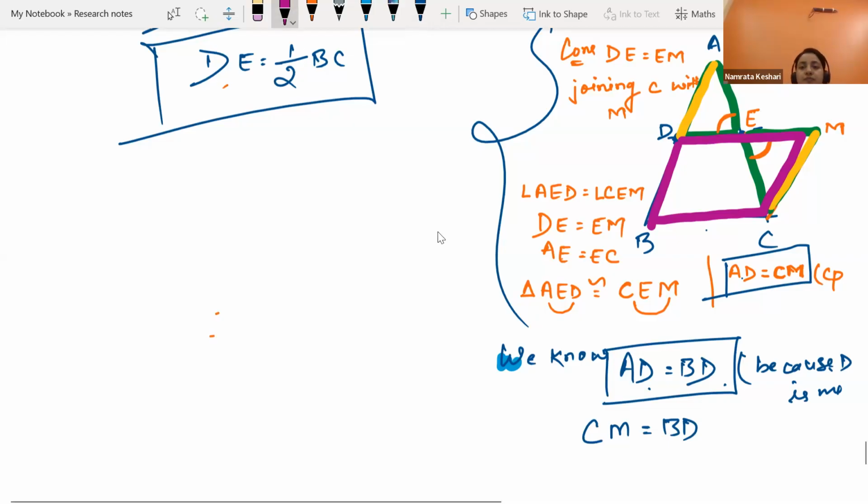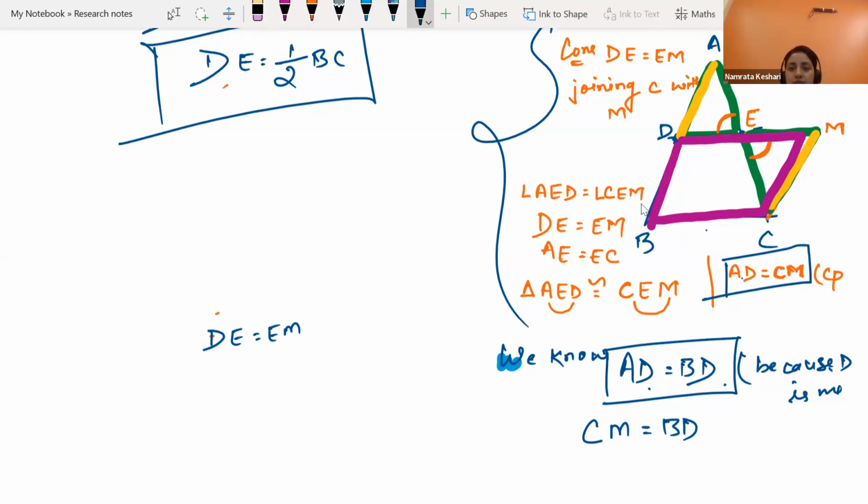And what else? Just a second. These two opposite sides are equal, and if we take DE and EM, both are the same.